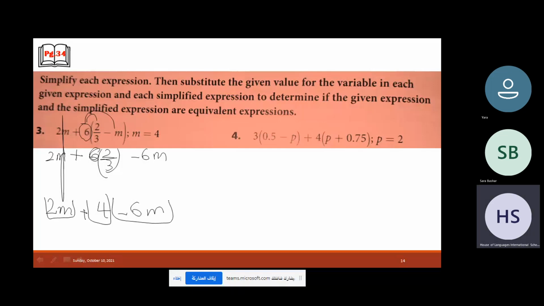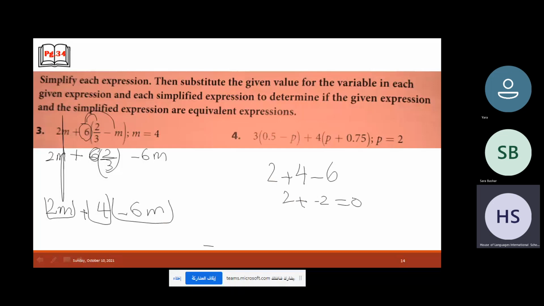Now then, before I continue, do you remember when we have like 2 plus 4 minus 6? What did you do first? You can add first or subtract. They have the same priority. Or you can say first 4 minus 6, it's negative 2. Then you add 2, and then you get 0.